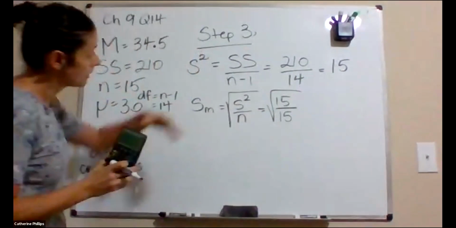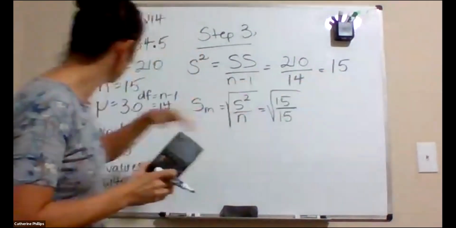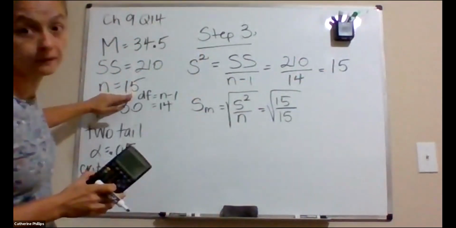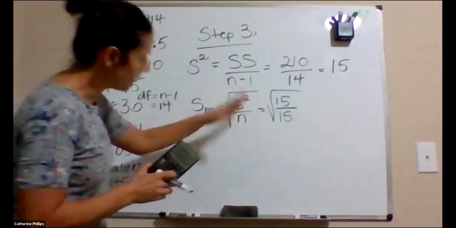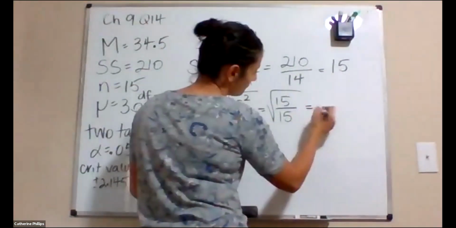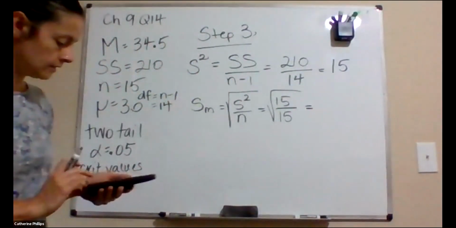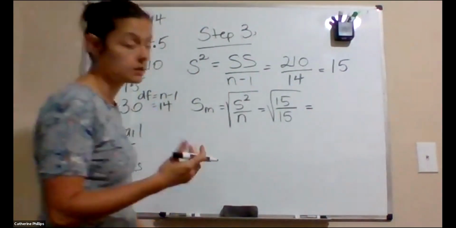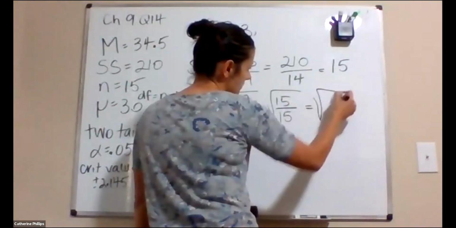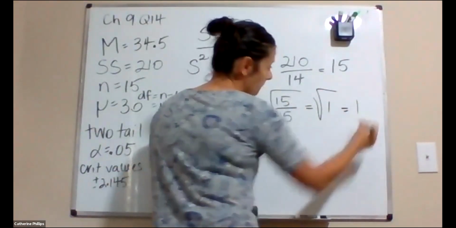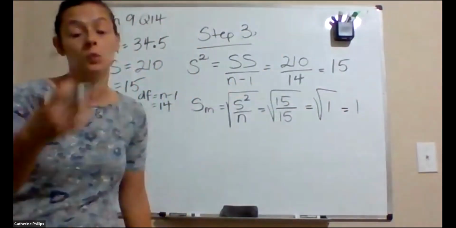We calculated our variance as 15, but our sample size was also 15. And then we'll take the whole square root. So 15 divided by 15 is 1, so it's the square root of 1. The square root of 1 is 1.